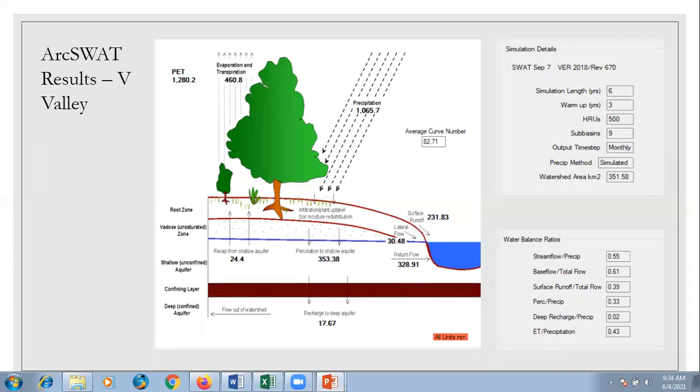This picture is after running a software application called SWAT, which stands for Soil Water Analysis Tool. Here it is written as ArcSWAT. This SWAT application is a module within ArcGIS. ArcGIS is an application which is helpful for us to generate various themes.